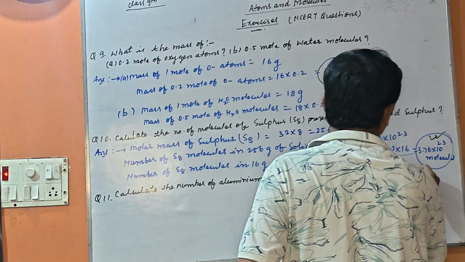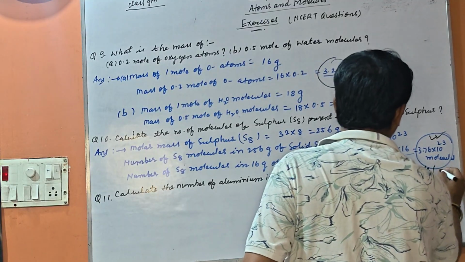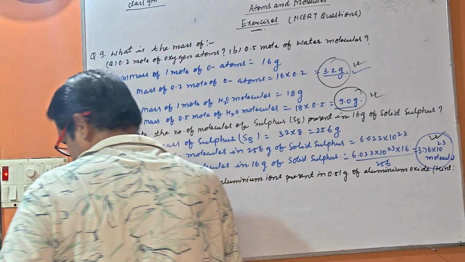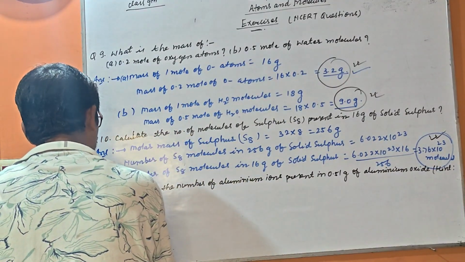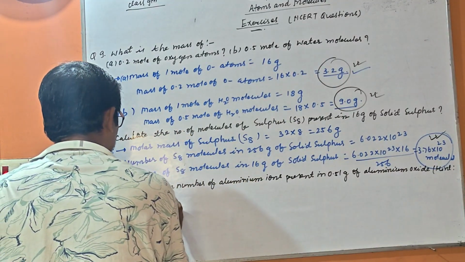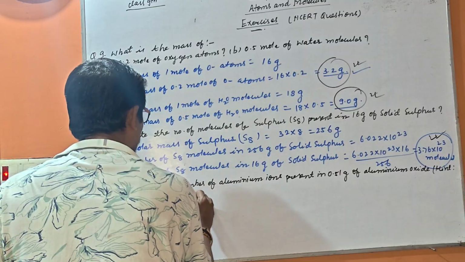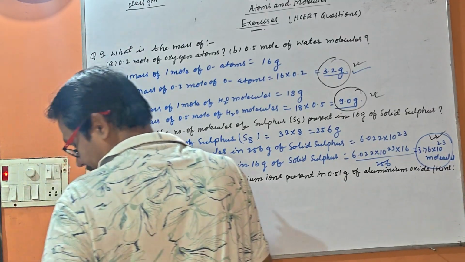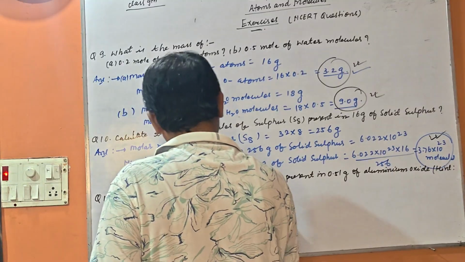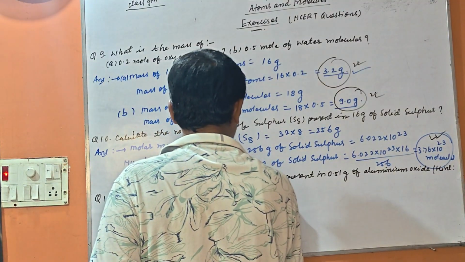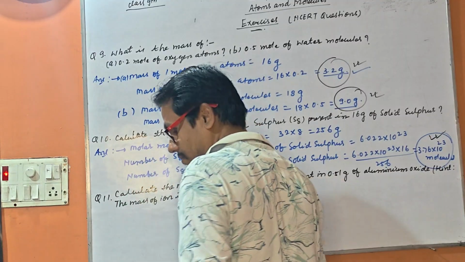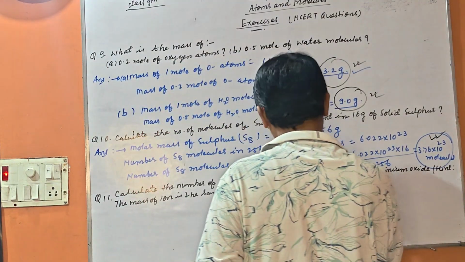There is a hint given in your book: the mass of an ion is the same as that of an atom of the same element.